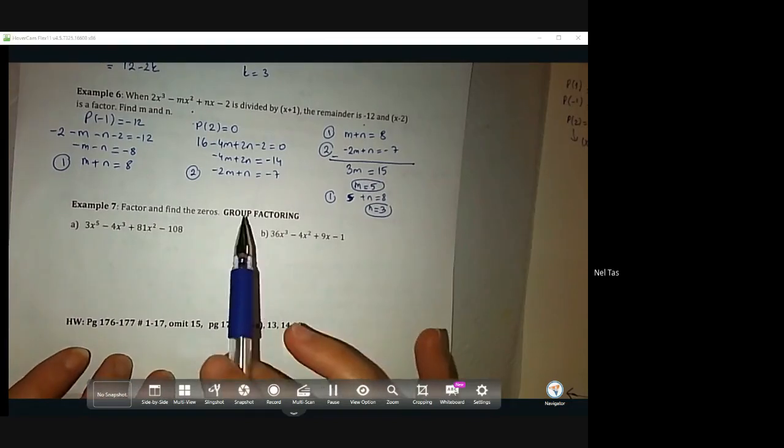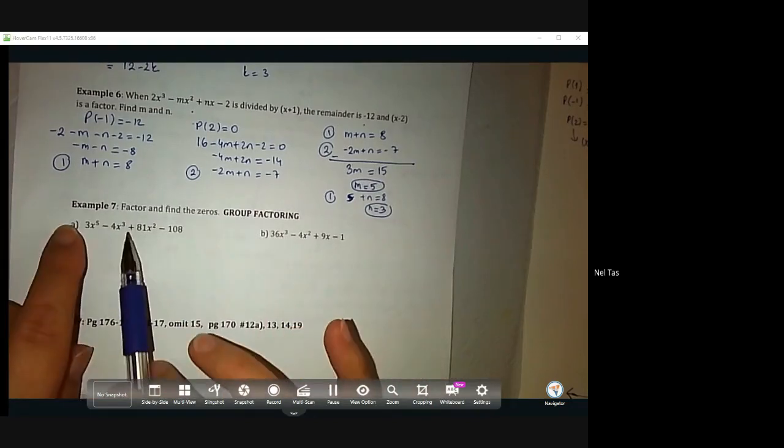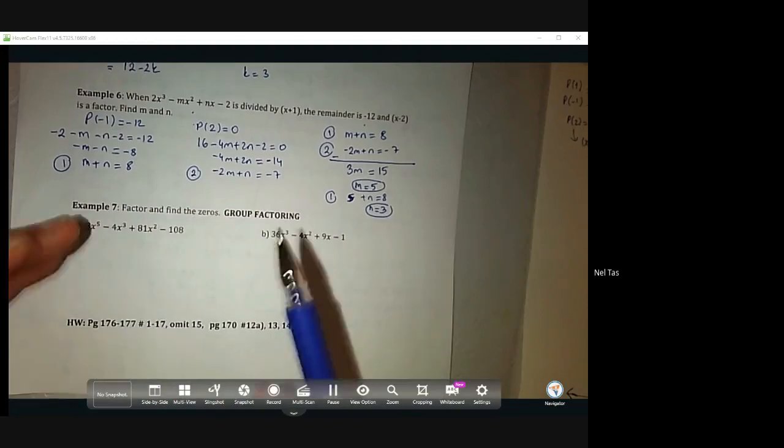You can use group factoring if there are 4 terms. It only works with 4 terms, right? Not always can you use group factoring. Most of the time you will have to use the factor theorem. But once in a while, if you can see that you can factor it by group factoring, you should try that.